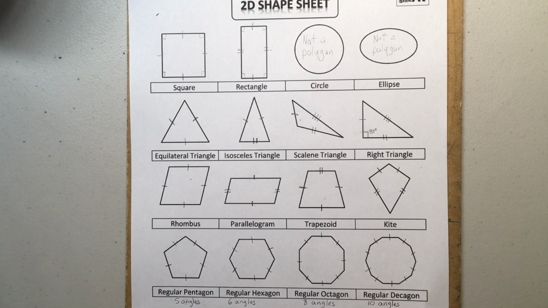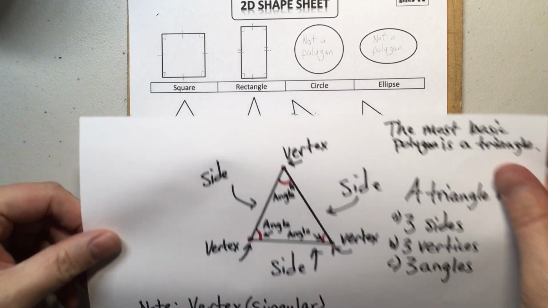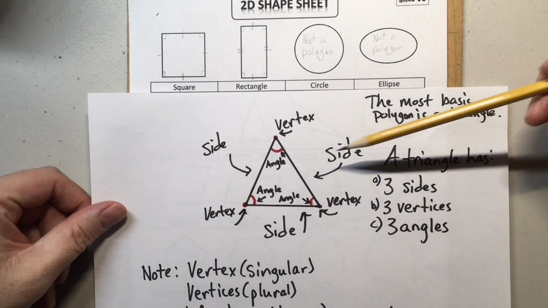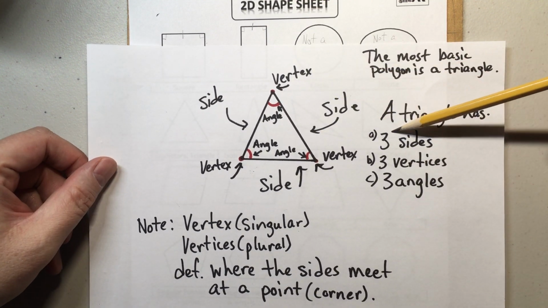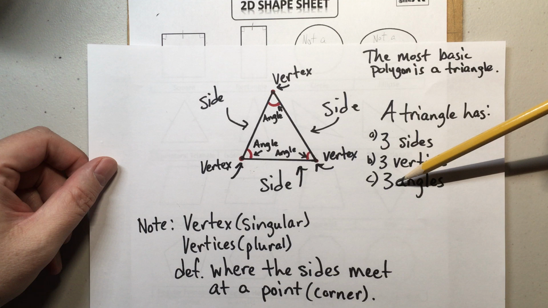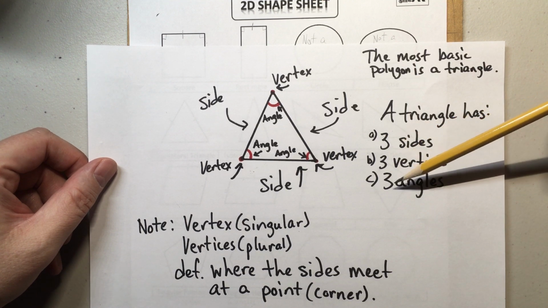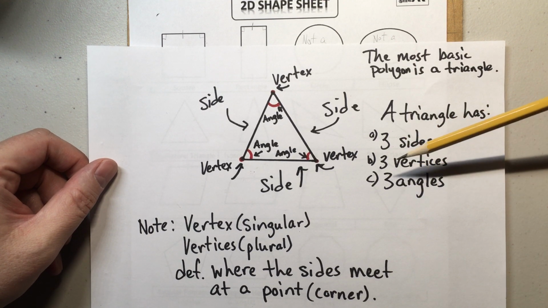Okay. Let's go back to this idea here. If you notice here, you're going to get the same amount for each polygon when you add a side.